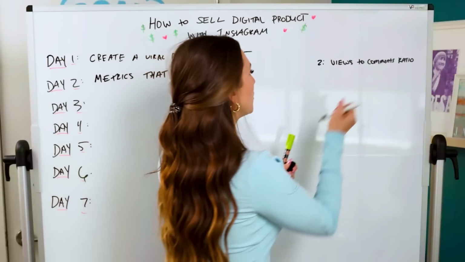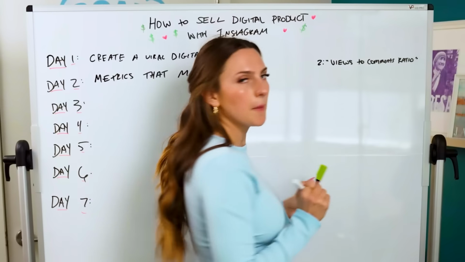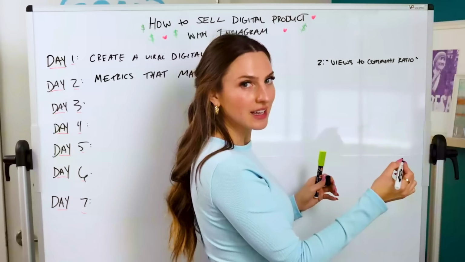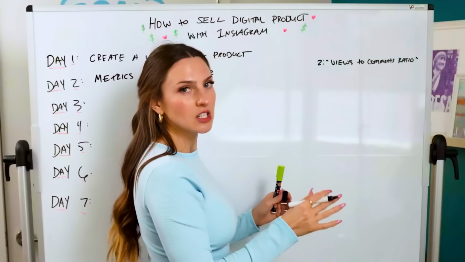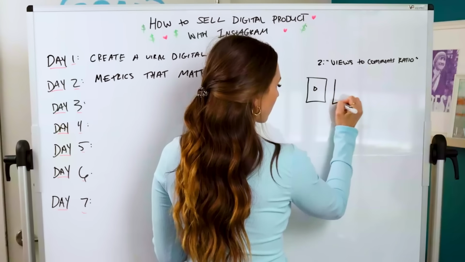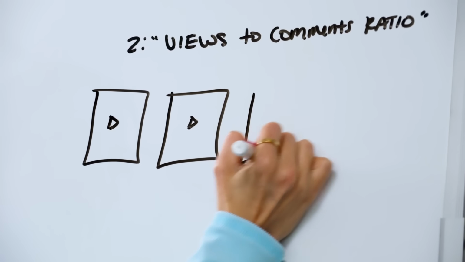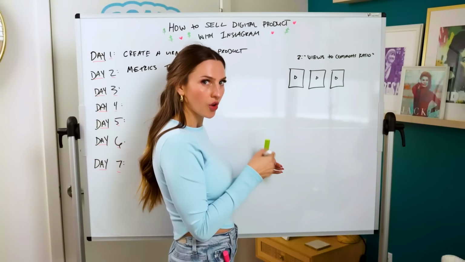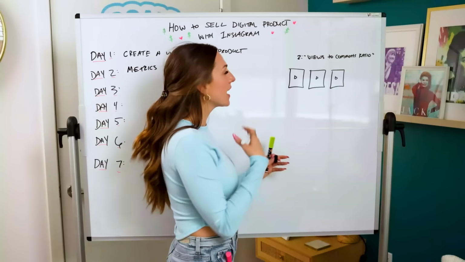This comments to views ratio basically looks at how many comments am I getting in comparison to the views that I get. So if I have 3 reels, what is my comments to views ratio on these reels? How many views did I get? How many comments did I get? Now, I went back and analyzed a bunch of my old reels, and I also analyzed a bunch of my students in a bunch of different industries.